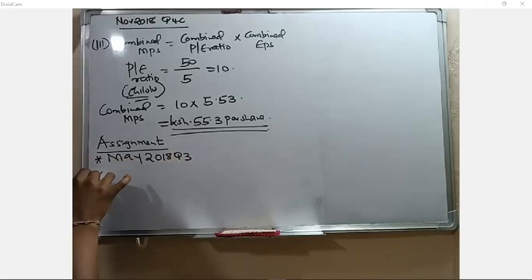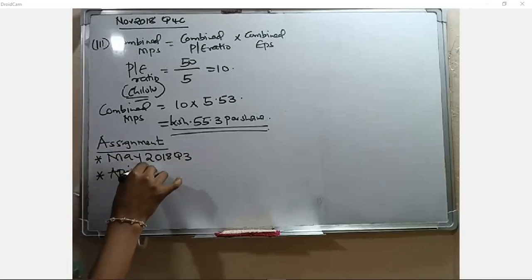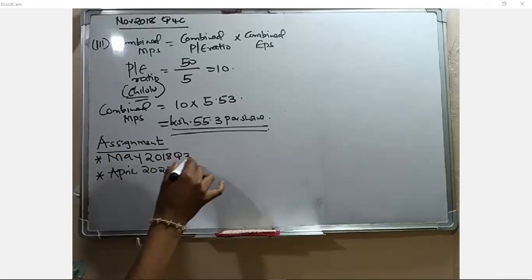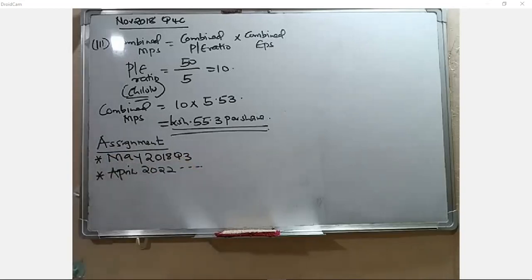Then we have another question which they tested in April 2022, on mergers and acquisitions. I know as you see me finalizing, students continue panicking because you are close to the exam.